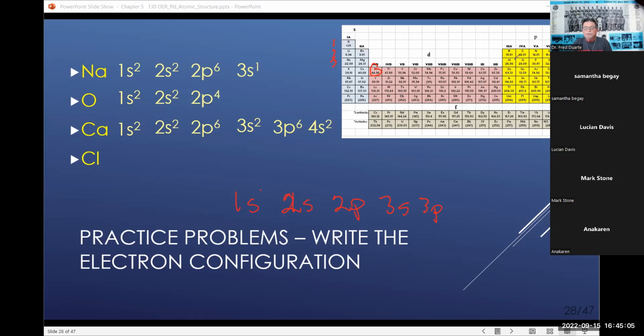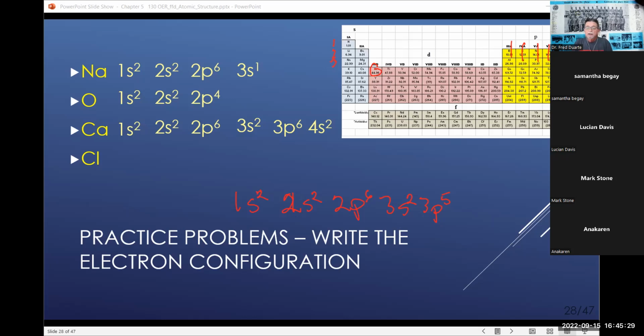Now count the columns where chlorine is, starting from the yellow, for the P elements. So we go 1, 2, 3, 4, and 5. So we put a 5 there, and that's 3p5. Obviously, the 3s is full, the 2p6 is full, the 2s2 is full, and the 1s2 is full.